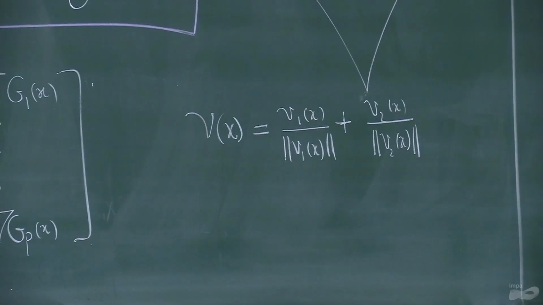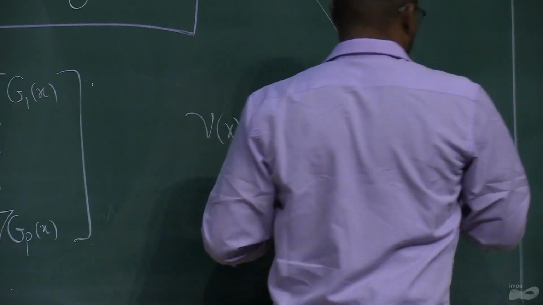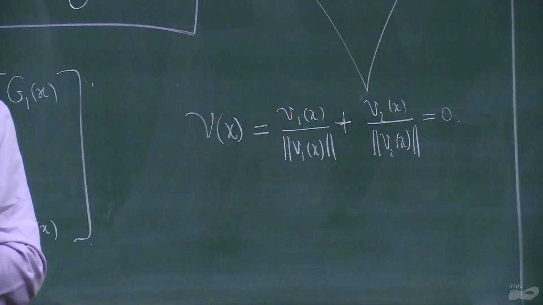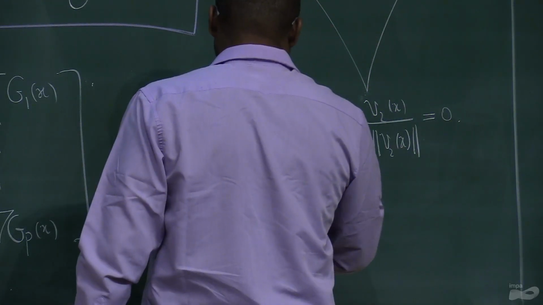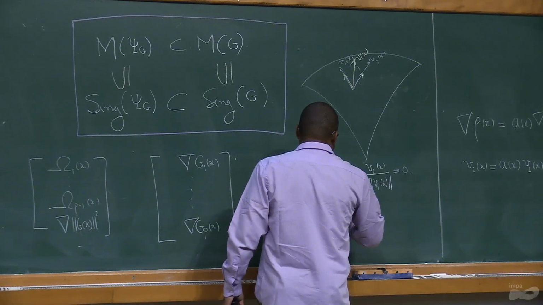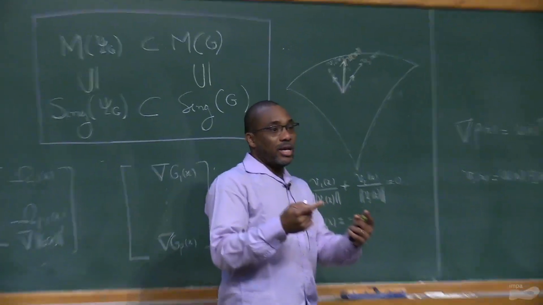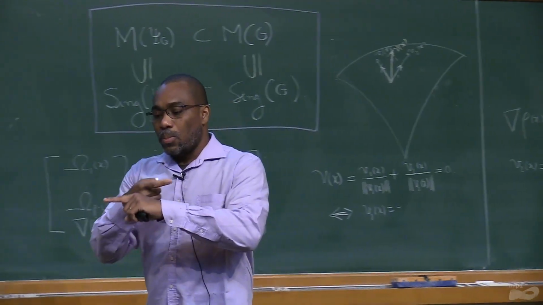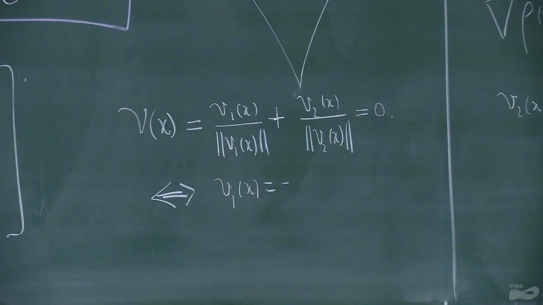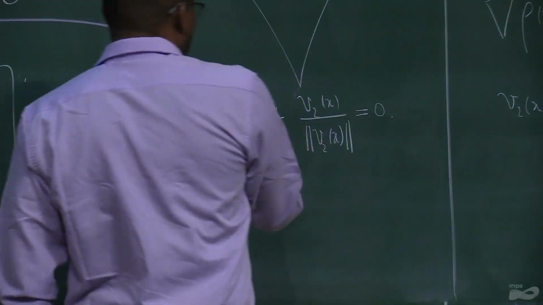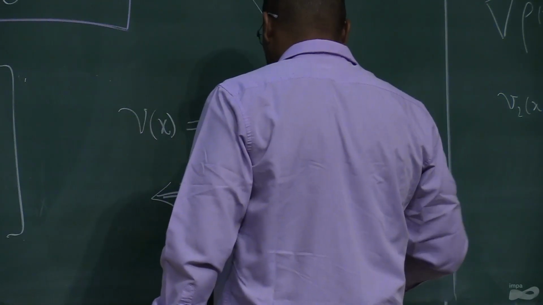So what's the problem here? The problem is if such a guy is 0 at some point, okay? Such a guy being 0 is equivalent to saying that V1x and V2x point in the opposite way, okay? This is the only possibility where this guy is 0, okay?